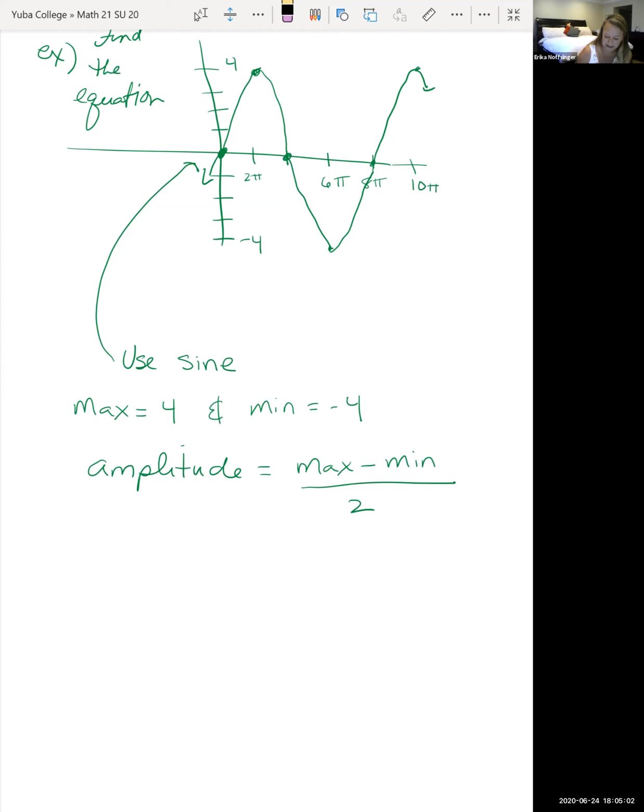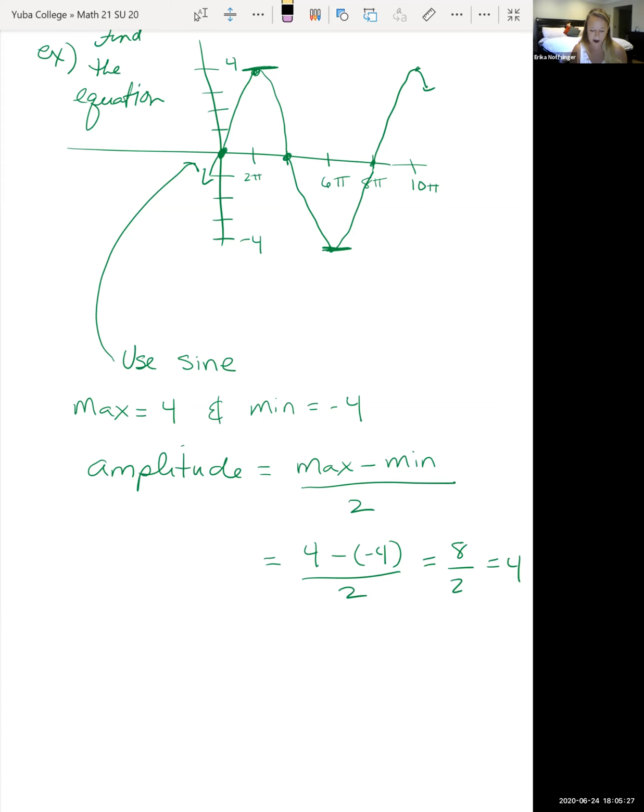If I looked at this, this is equal to 4 minus -4, divided by 2. So 4 minus -4 is 8, divided by 2 is 4, which you probably could have noticed by the max and min here. But sometimes if it's shifted up, it might be harder to see. So this is the process you would do.